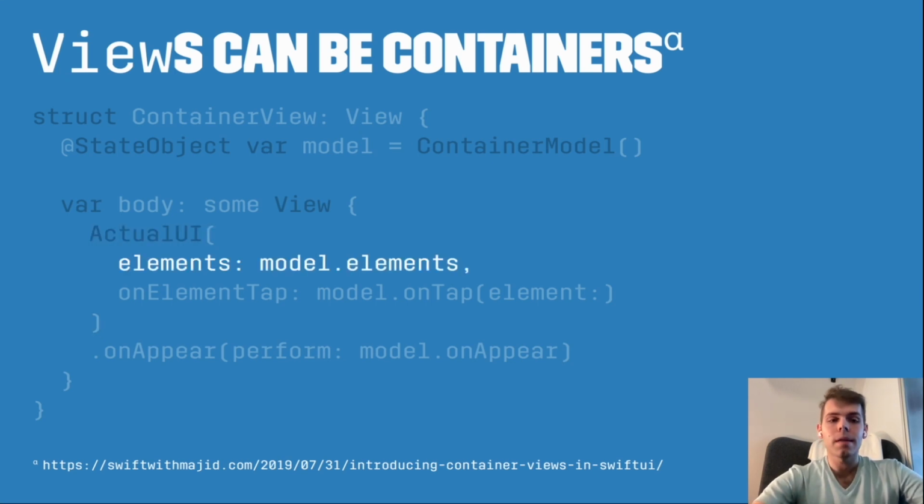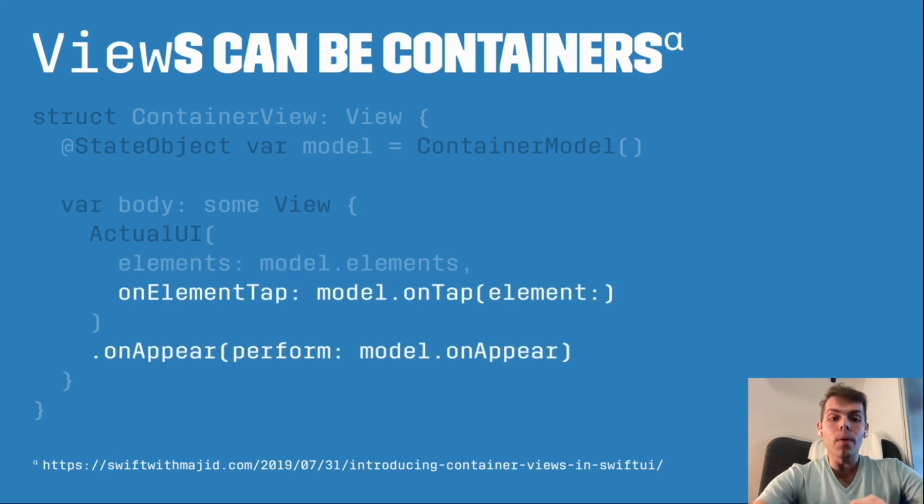And this is very important. The actual UI is driven by our model. So in this case, it's a model that tells this view what to represent. In this case, we have this model.elements. And all the important events are forwarded from the view to our model.